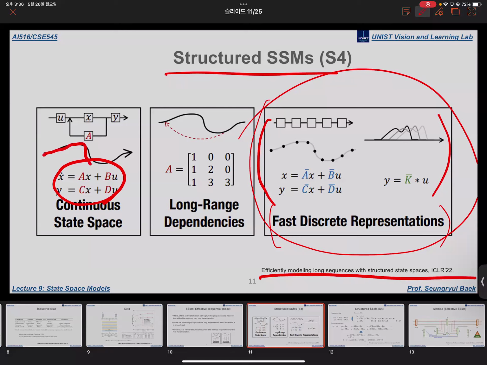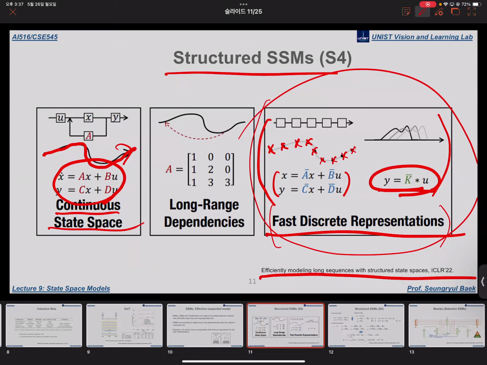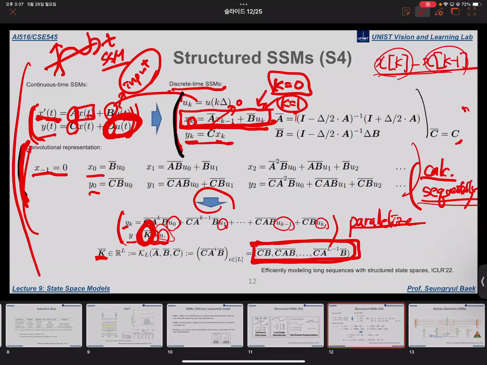Originally, the signals are continuous, but in this paper, they are discretizing by sampling some values from the overall continuous functions. They made that a discretized state space model and also interpret the output as a convolution using this K kernel. And by doing this, they can accelerate the calculation of the SSMs.